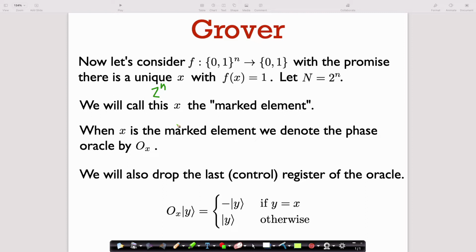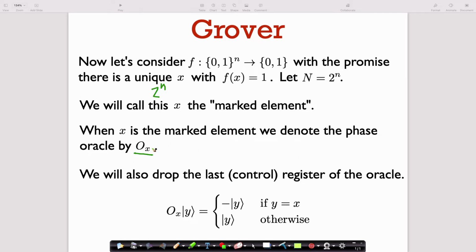And again, we're going to work in the query setting. So we're given oracle access to one of these f's. And since the marked element x determines the f, I'm just going to denote the oracle by O_x. So O_x is the oracle for the function f such that x is the unique element with f of x equals 1.